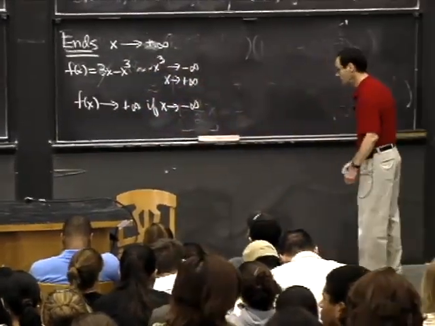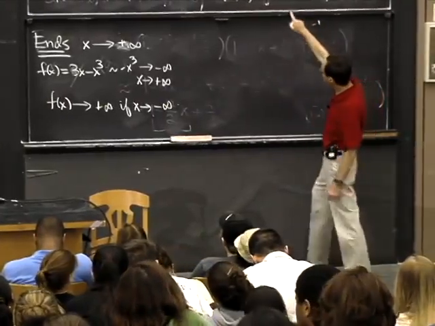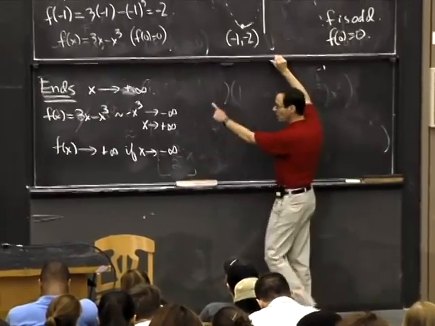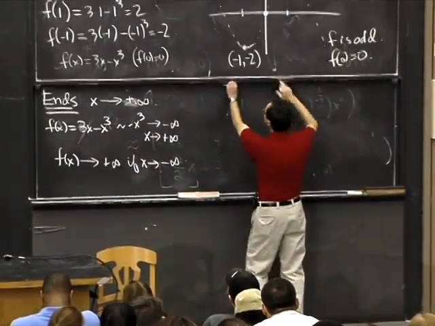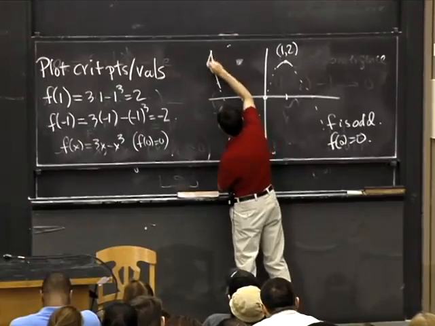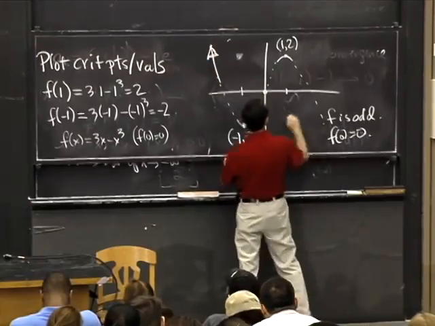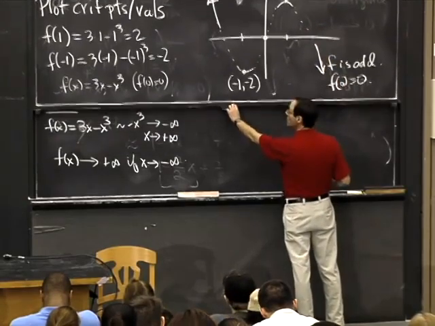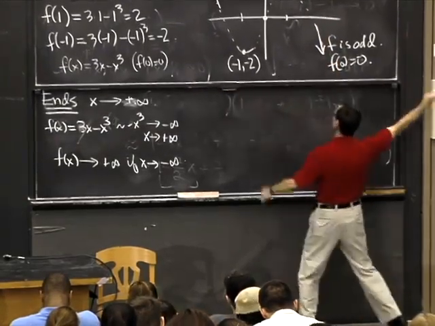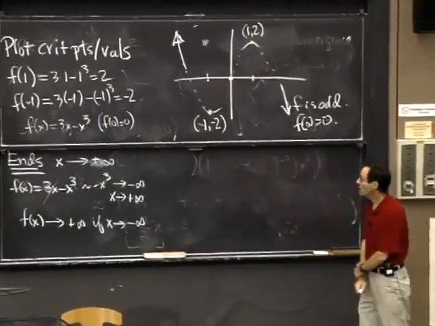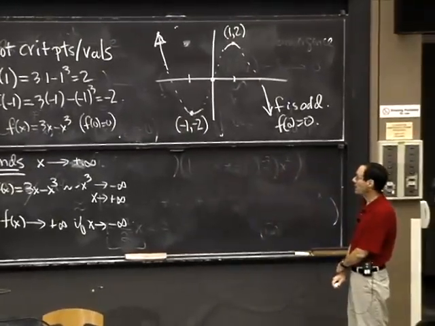All right? Now, let me pull down this picture again and show you what piece of the information we've got. We now know that it is heading up this way. It doesn't go like this. It goes up like that, and I'm going to put an arrow for it, and it's going down like this, heading down to minus infinity as x goes out farther to the right, and going out to plus infinity as x goes farther to the left.